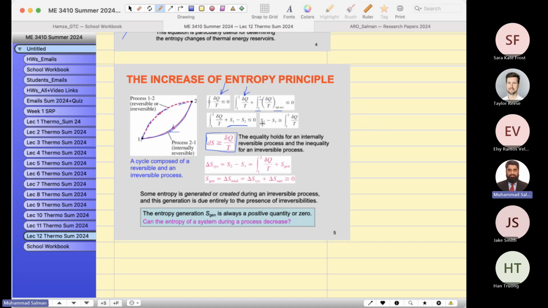So how would you select the math from here? Like from this equation, S1 minus S2 is less than negative delta Q over T, correct? This becomes S2 minus S1. It changes when you multiply the whole equation by negative. It changes the inequality sign.